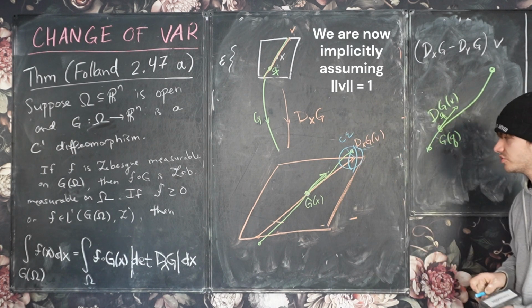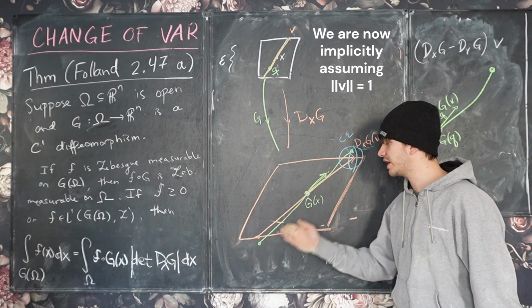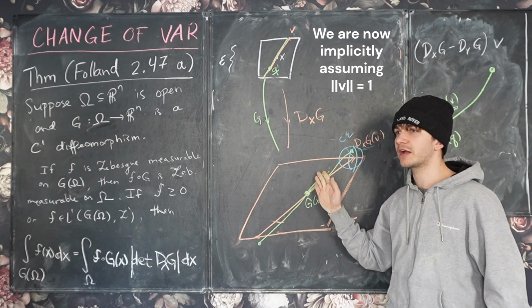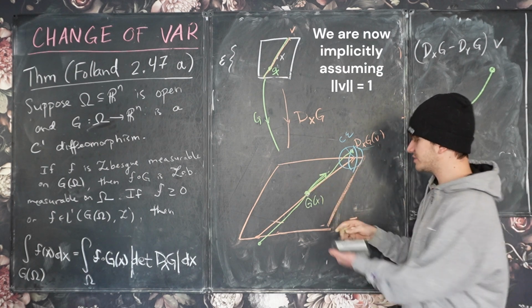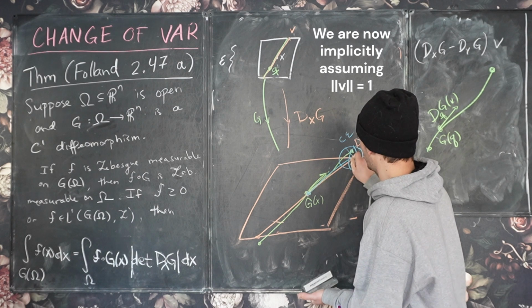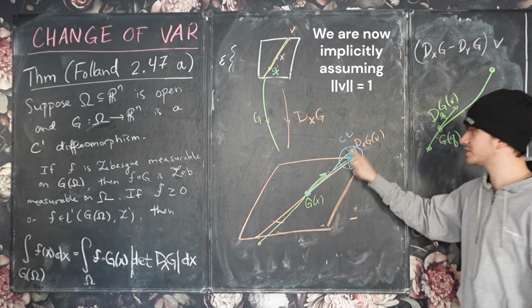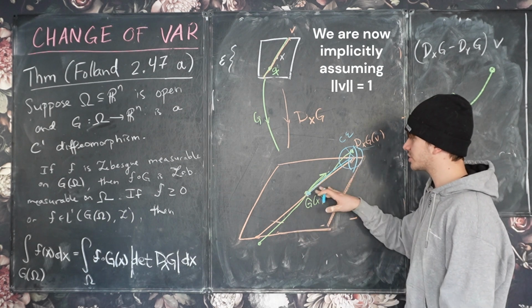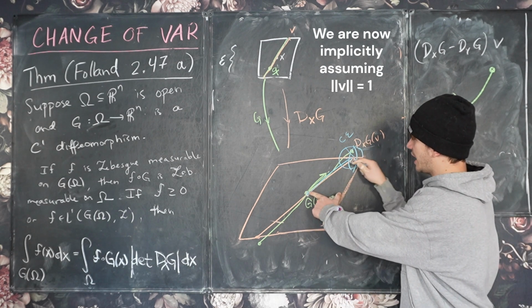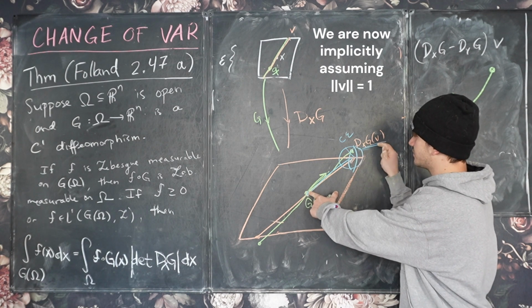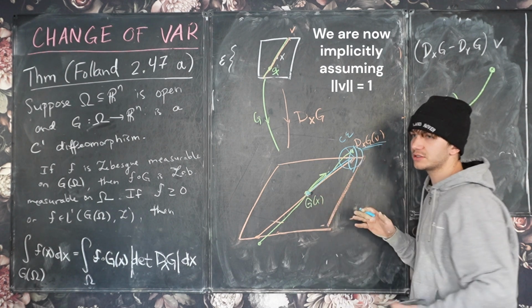So we have a curve here in green, which is the image of this line under G. This curve has a tangent vector which is always sitting somewhere inside this sphere. So every tangent vector of this curve is within a constant times epsilon distance of the tangent vector dx of v. Does that make sense?